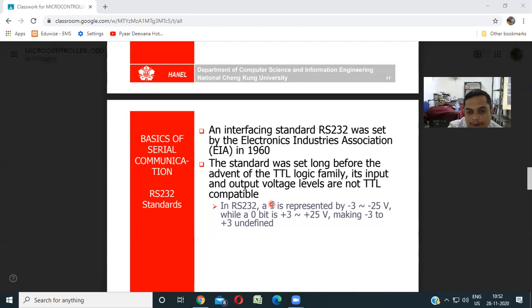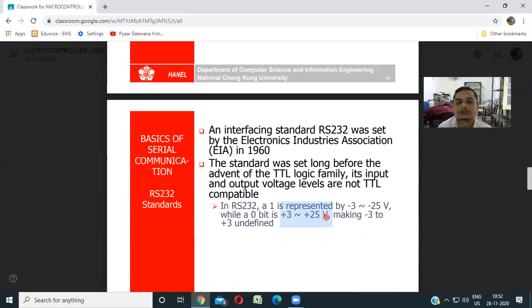You are getting the 1s and 0s from the microcontroller. If you get the 1, the RS232 converts the 1 into its equivalent voltage, and the voltage level is from -3 volts to -25 volts. If a 0 is generated, then the zero's equivalent voltage is +3 volts to +25 volts.